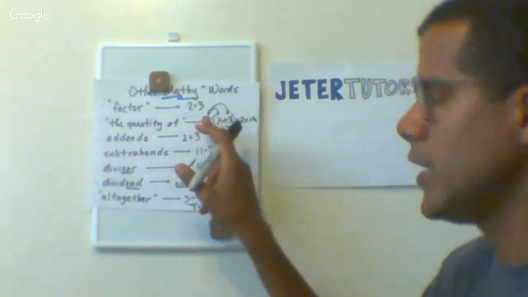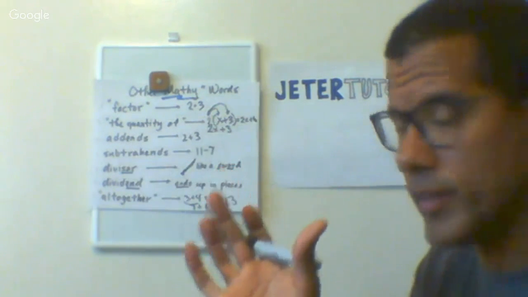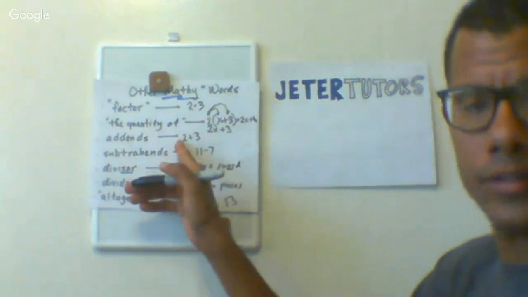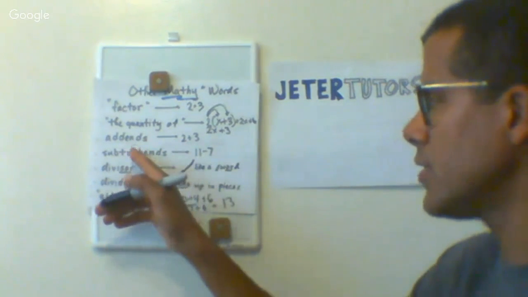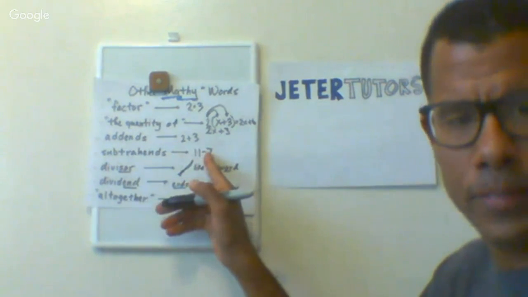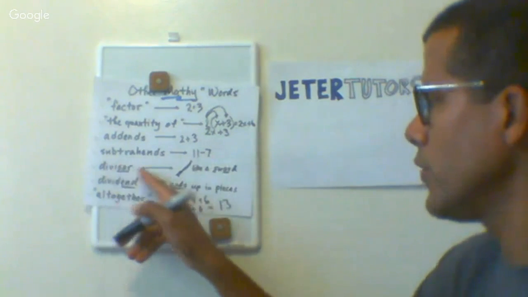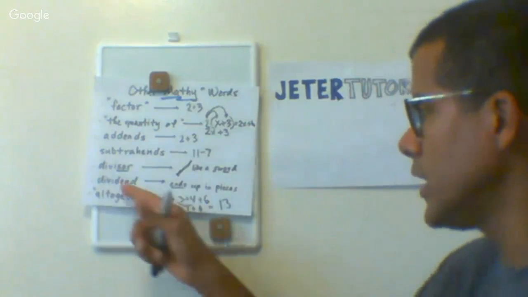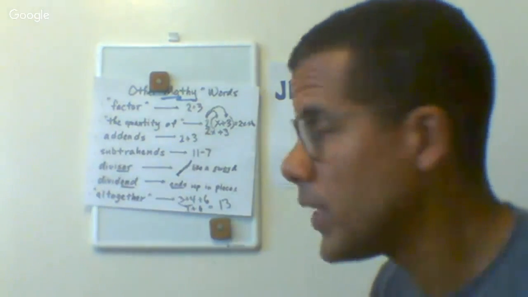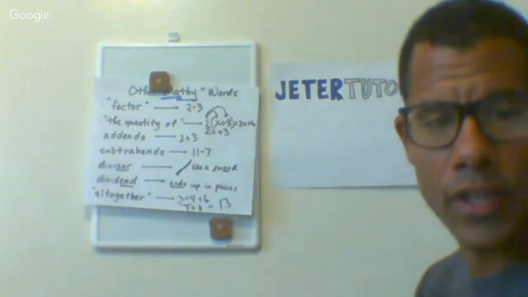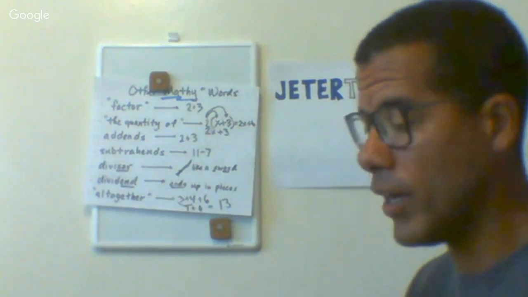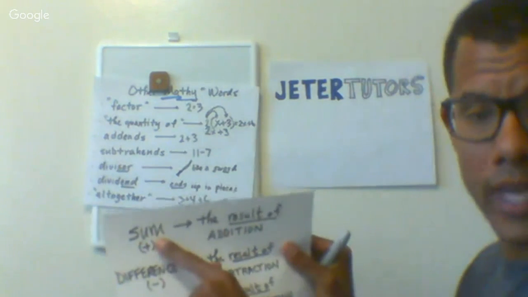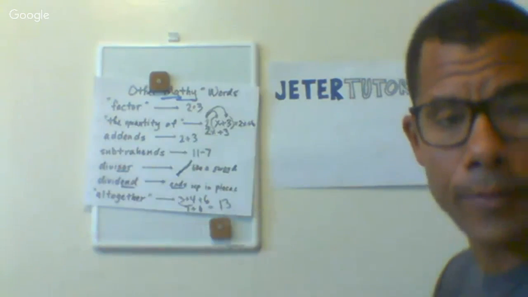The quantity of are things in parentheses. Addends, things that are added. Subtrahend is the thing that's being subtracted. Divisor, it's the thing that divides a number. A dividend, it's what's being divided. And altogether is another way of saying, can you give me the sum? Or can you add everything together?